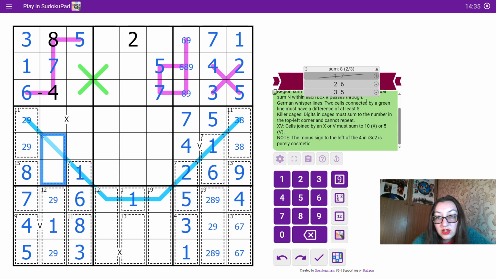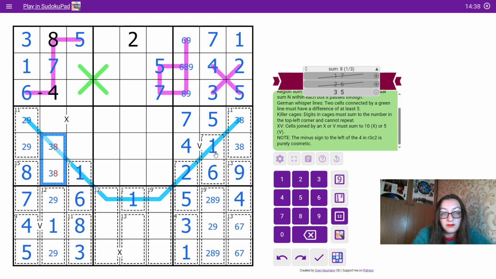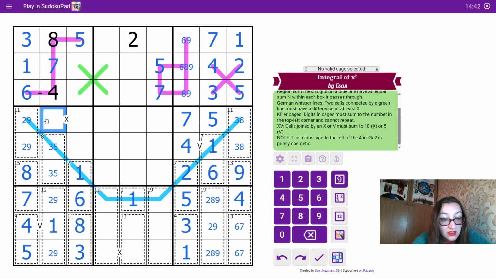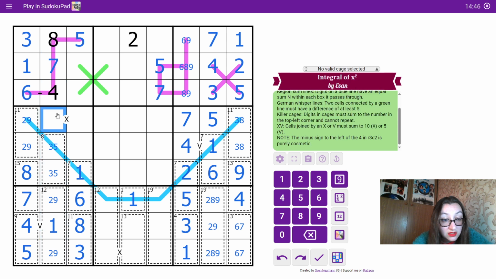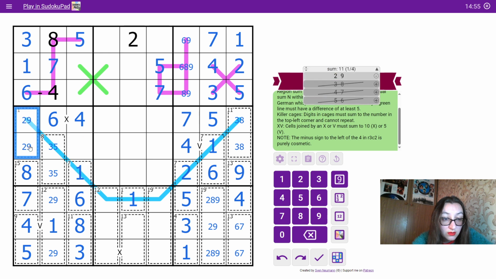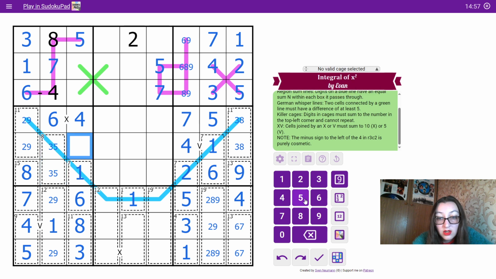We can't have a 2 here also, so that is a 3 and a 5. I said 5. Not what I typed. And this digit by this column is a 6, which is on the X, so that's a 4. This digit should also be known because we have a 1, a 2, a 3, a 4. When we have a 5, we have a 6, we don't have a 7.